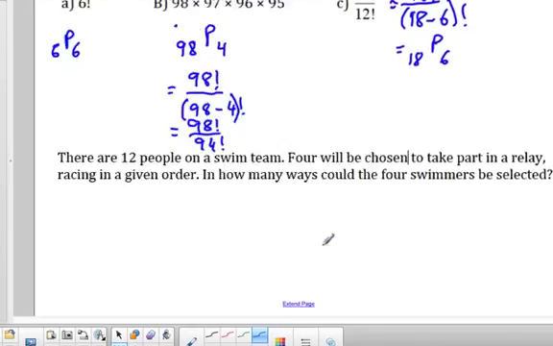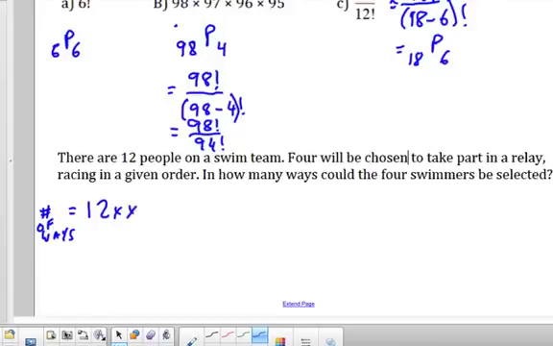Right, now a problem here where there are 12 people on a swim team and 4 will be chosen to take part in a relay racing in a given order. So the order matters here, so this is a permutation. In how many ways could the 4 swimmers be selected? One way, using fundamental counting principles, would be 12, because you have 12 people to choose from to swim first.